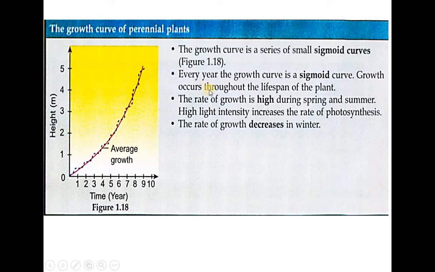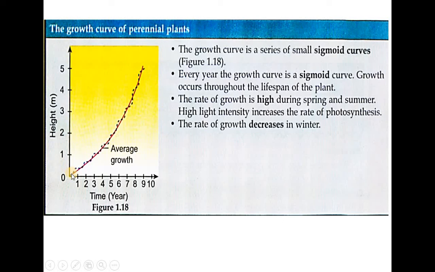Growth occurs throughout the lifespan of the plant. The rate of growth is high during spring and summer. High light intensity increases the rate of photosynthesis. The rate of growth decreases in winter.